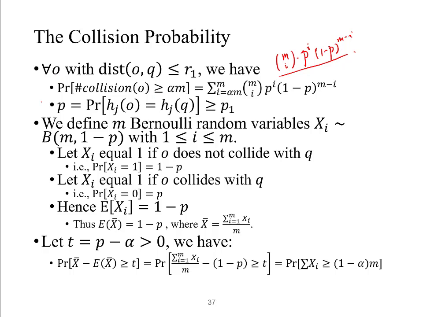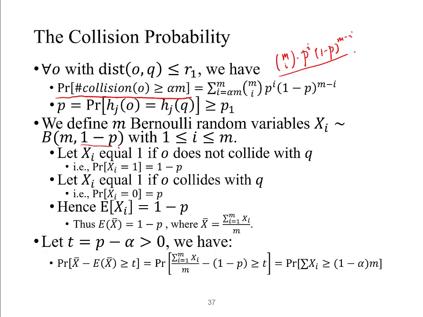Then we define m Bernoulli random variables, say X_i, where each of them is a Bernoulli random variable whose probability of success is 1 minus p, and i from 1 to m corresponds to the m hash functions.